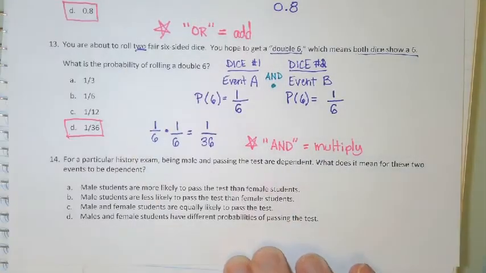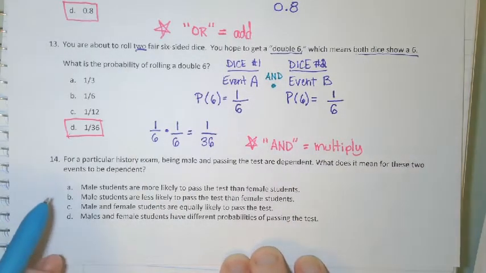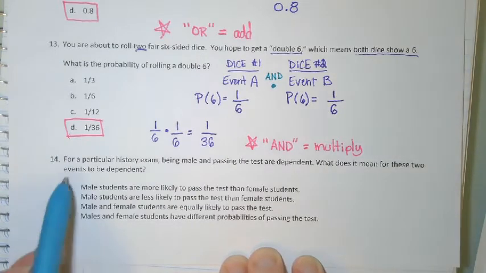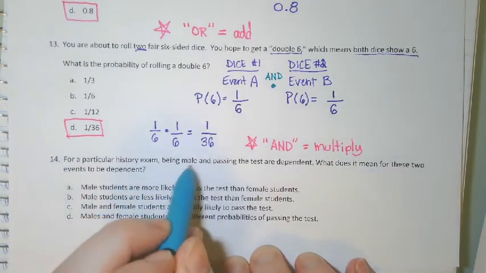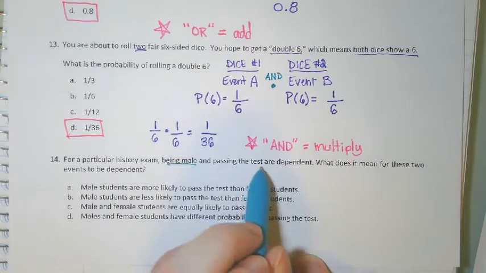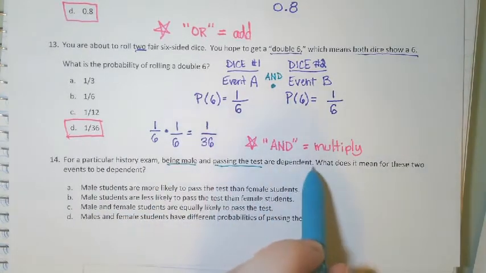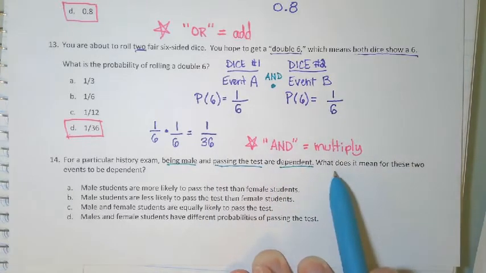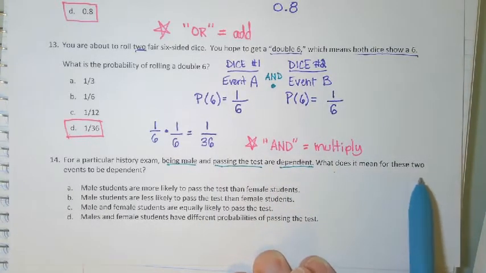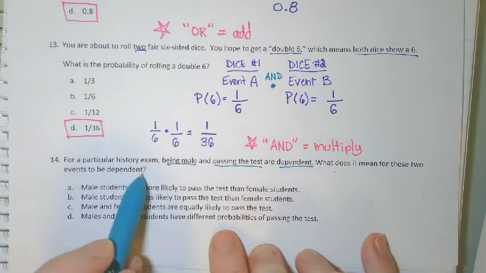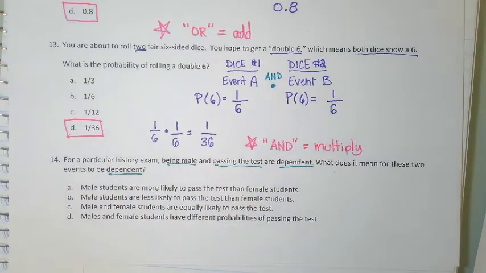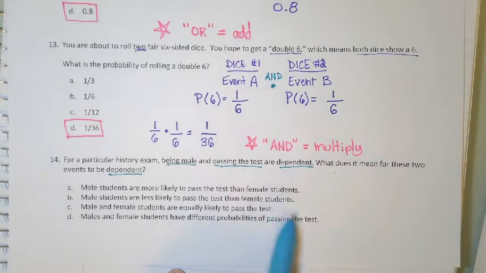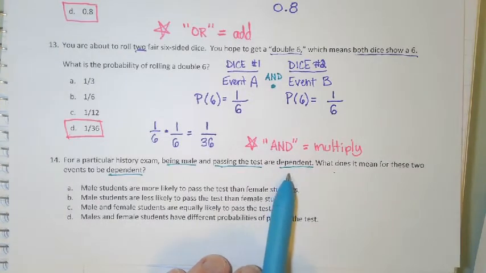Okay. Question number 14 says, for a particular history exam, being male and passing the test are dependent. What does it mean for these two events to be dependent? And we have 4 answer choices to choose from. First, we want to start by thinking about what it means if these events are dependent.